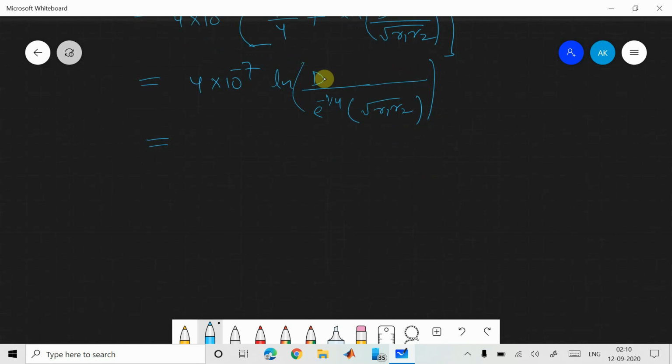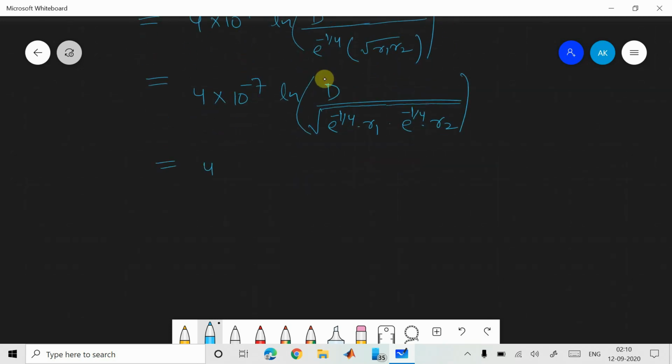Further on simplification, if you put this e raised to power minus 1 by 4 inside the square root, you will write it 2 times: e raised to minus 1 by 4 into r1, again e raised to minus 1 by 4 into r2. Okay, no problem.